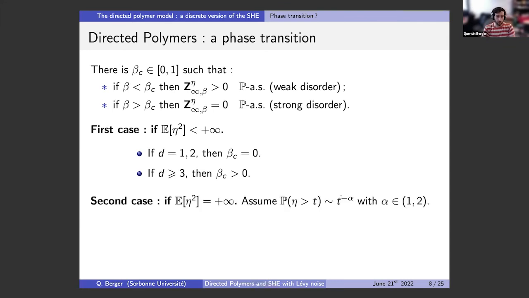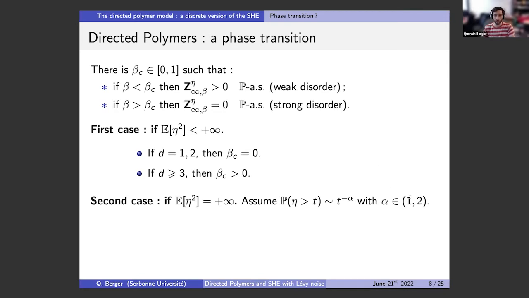In the second case, when the environment does not have finite second moment, what you need to do is to assume a little bit more on the environment. So you assume that it has heavy tails, so that the random variable takes a value larger than t with a probability that decays like a power of t, with that power between 1 and 2.